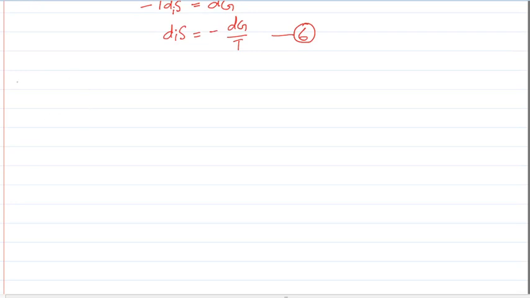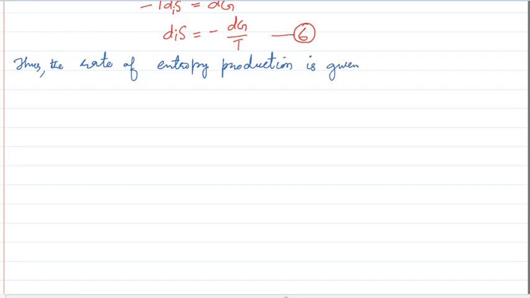Thus the rate of entropy production is given by this relation.